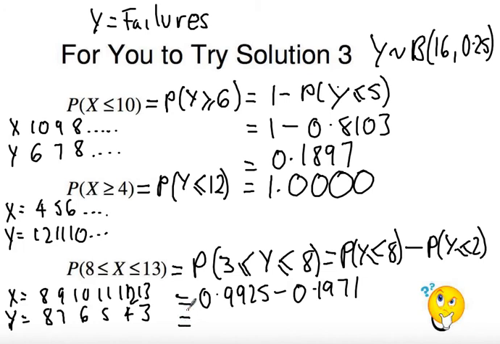And so when we put this into a calculator, 0.9925 minus 0.1971 gives an answer of 0.7954. Okay, well, I hope that made sense. Just a little bit left now, so let's have a look at the mean and variance of the binomial distribution.